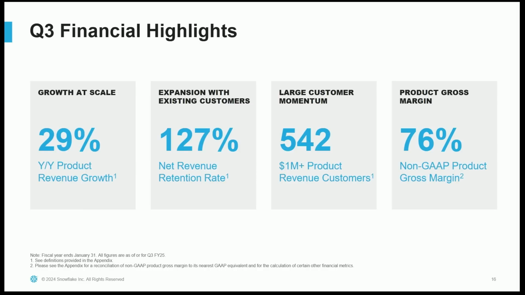The Q3 financials on the surface were very good. Snowflake reported 29% year over year product revenue growth, which is a positive thing for Snowflake as they navigate this new world of accelerated computing hardware and the very, very large data consumption needs of their enterprise customers. This is good because enterprise software as a service companies are finally starting to get that long awaited boost from AI.